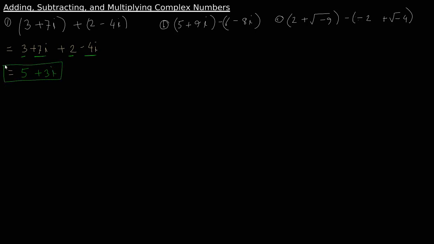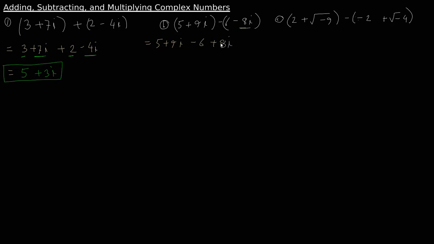So we added successfully. Let us now look at the second one. As usual, first I'm going to take out the parentheses. The first one is easy, 5 plus 9i. For the second one, I have a minus, so that means minus 6, and minus multiplied by minus 8i is going to be plus 8i.